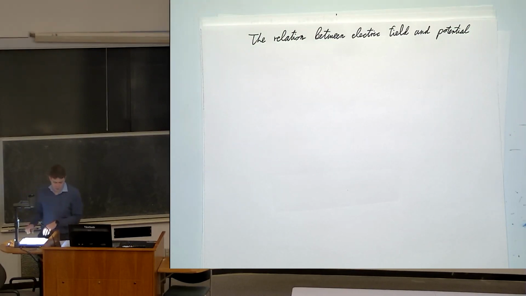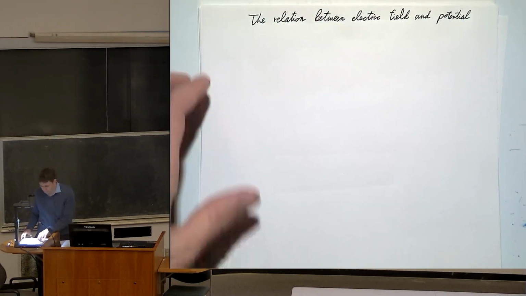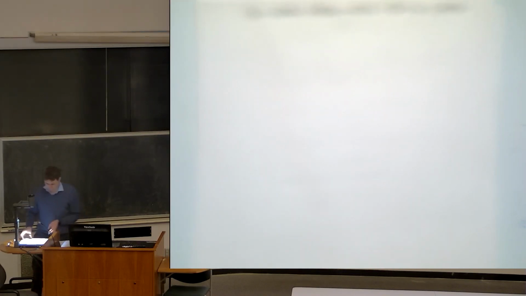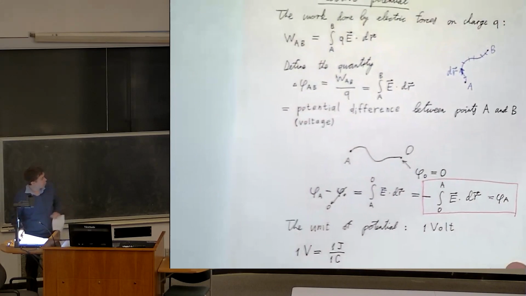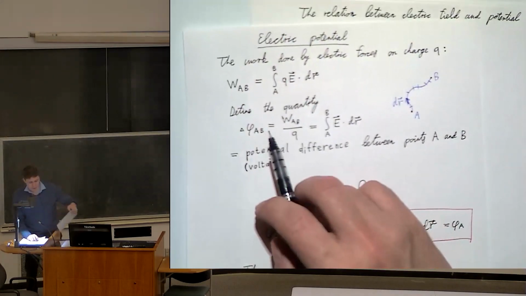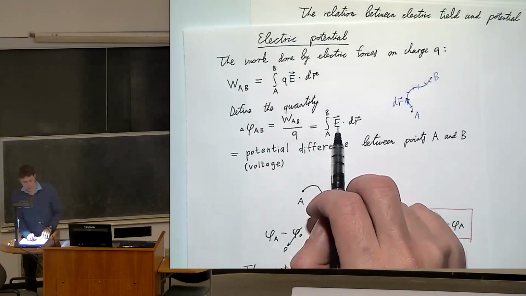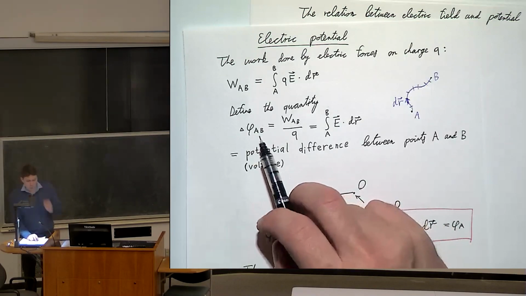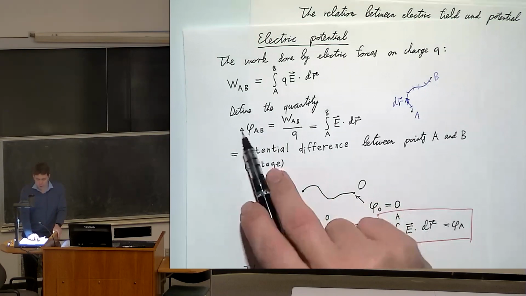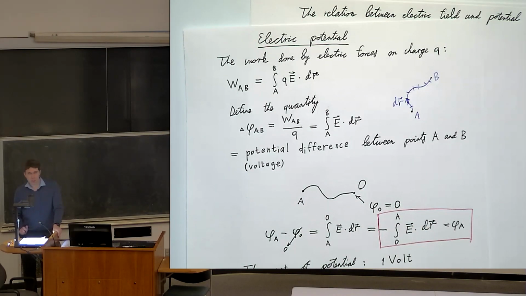In principle, we already have some relation, so we know this formula here, and that gives some relation. So if we know the field, we can find the potential, but we want it the other way around. If we know the potential, can we find the field? And how can we find it, if yes?